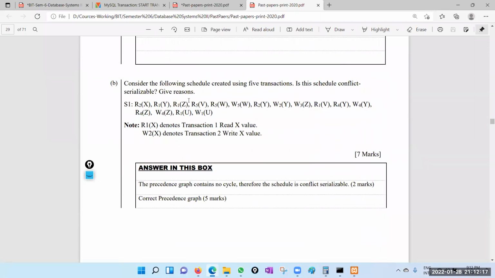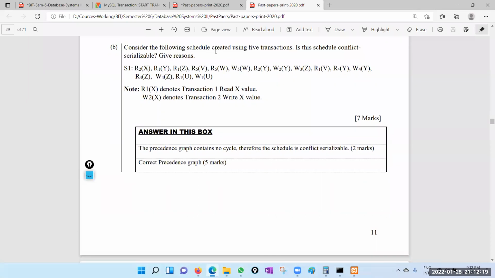Consider the following schedule created using 5 transactions. Is this schedule conflict serializable? Give reasons. එයාට equivalent serial schedule එකක් ලියන්න ඕන. අහලා නෑ මේකේ, හැබැයි conflict serializable නම් අනිවාර්යයෙන් equivalent serial schedule එකක් ඔයා ලියන්න ඕන.